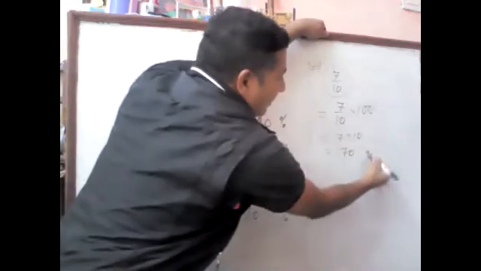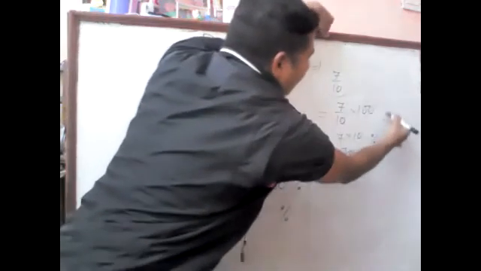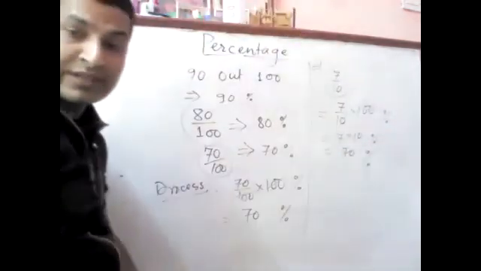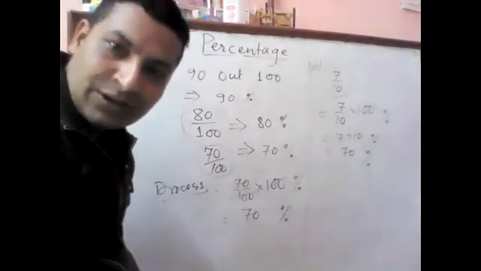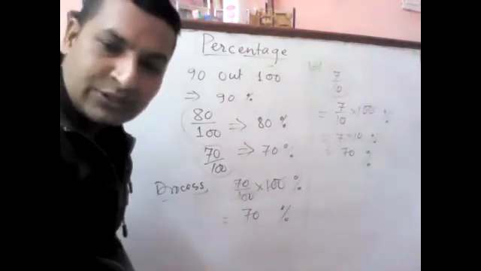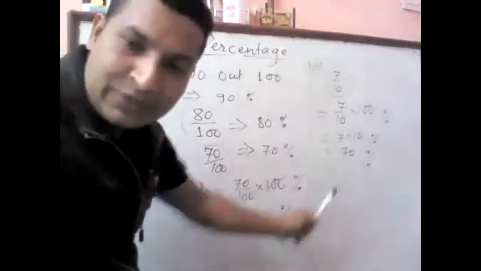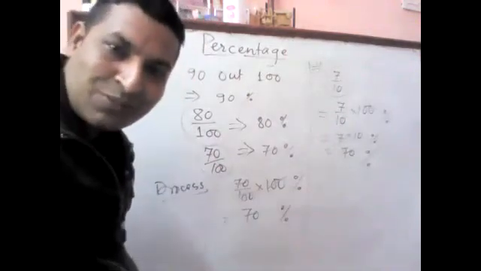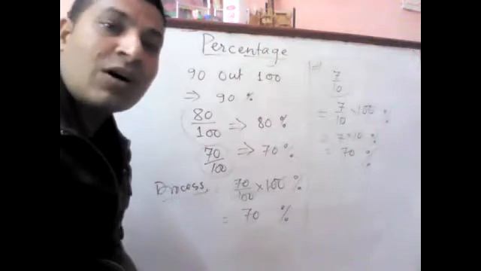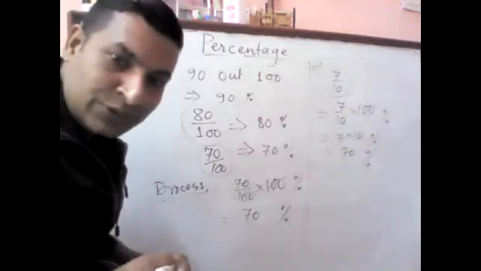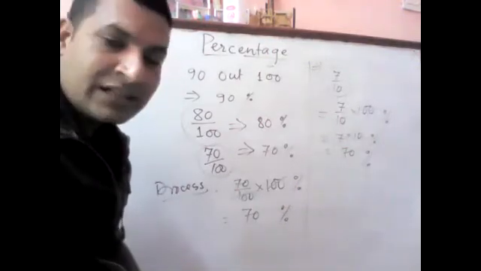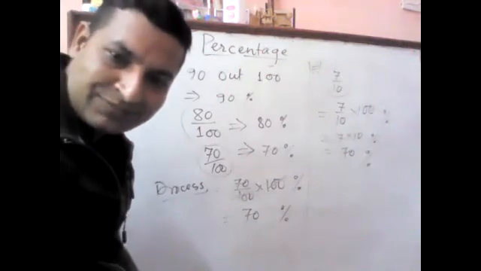This is also the percentage. 7 out of 10 is equivalent to 70 percentage. Like this, we can convert a fraction, or marks obtained by you, into the percentage.